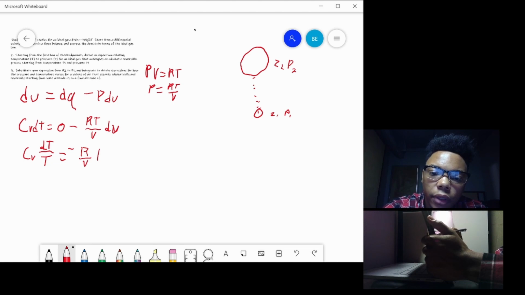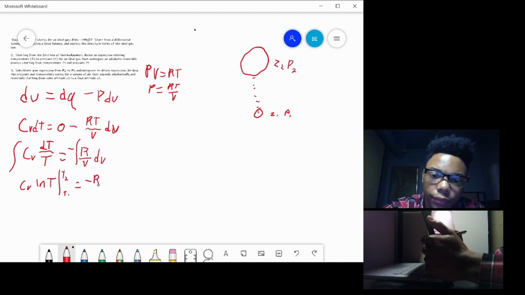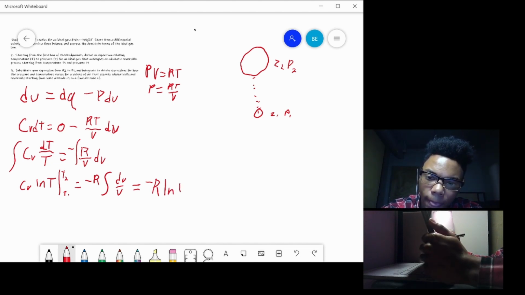dT over T is going to be equal to negative R over V dV. What we get here is we want to integrate both sides, so we get Cv times the natural log of T, evaluated from T2 to T1, and that is going to be equal to negative R times the integral of dV over V, which is negative R times the natural log of V evaluated from V2 to V1.